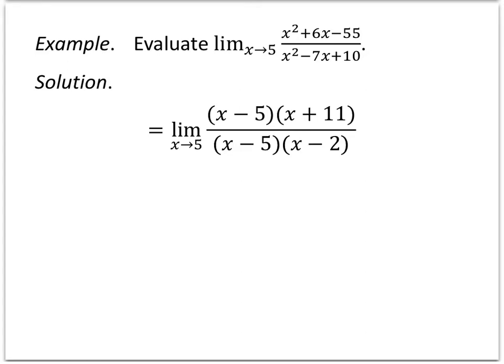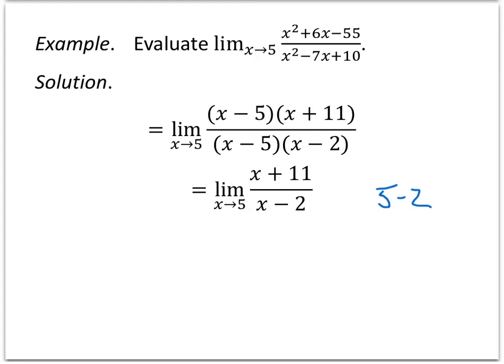Once we have that, now we can reduce. Those two factors will go away. And this reduces to the limit as x approaches 5 of x plus 11 over x minus 2. So now I try direct substitution again. That is, I use the continuity of my function. When x is equal to 5, we're going to have 5 minus 2 in the denominator.